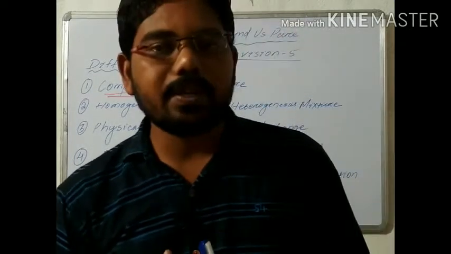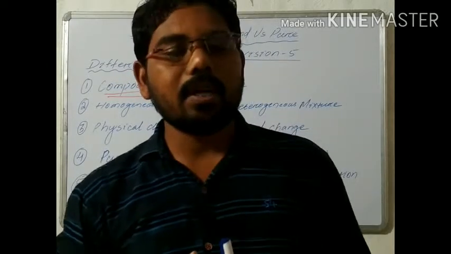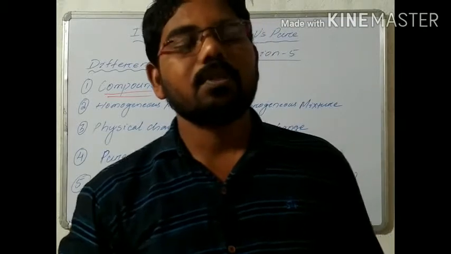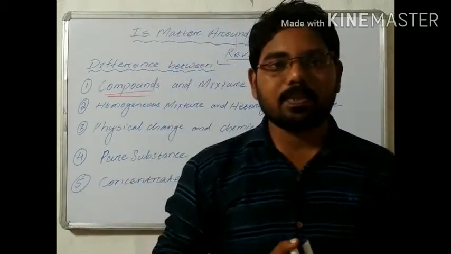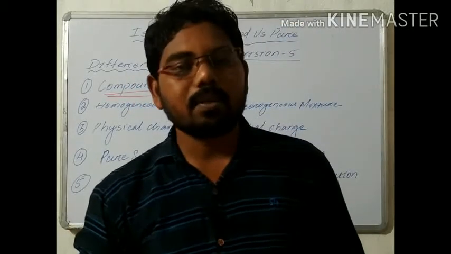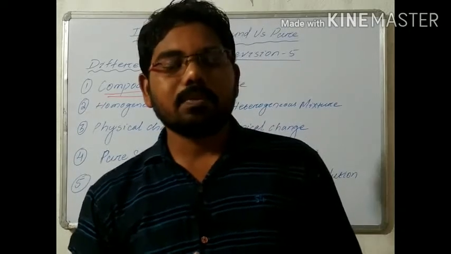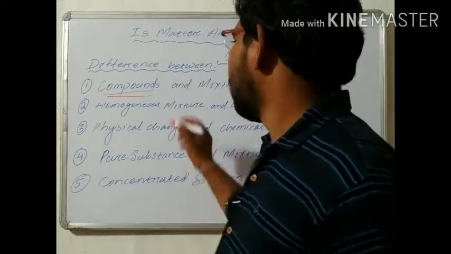In H2O, there are 2 atoms of hydrogen and 1 atom of oxygen. If we change even 1 atom of oxygen or hydrogen, then it is not H2O. So a compound is always in a fixed ratio or fixed proportion. For example, H2SO4: 2 atoms of hydrogen, 1 atom of sulfur and 4 atoms of oxygen. That is what compounds are.